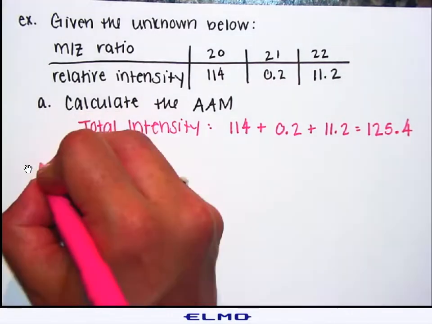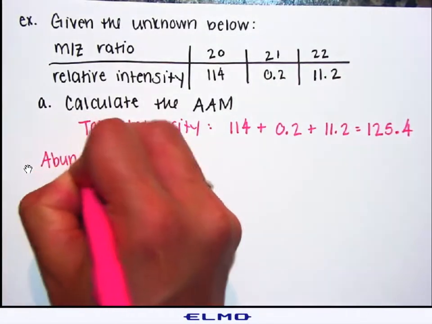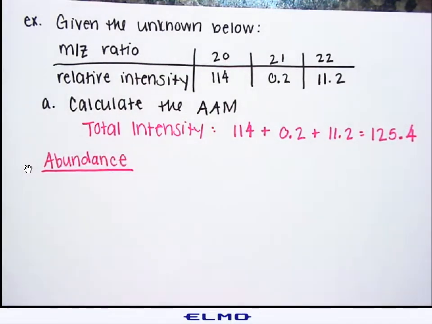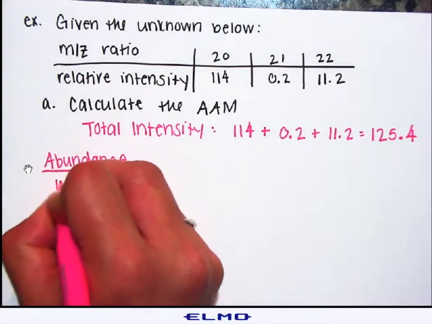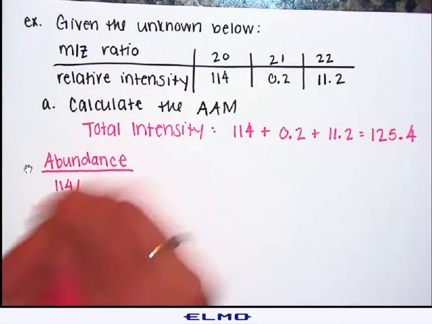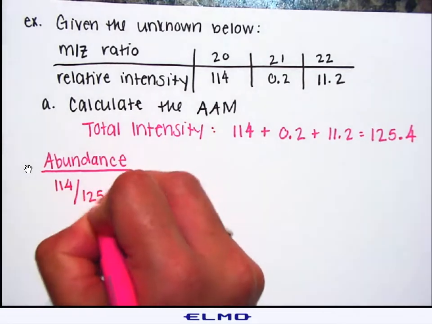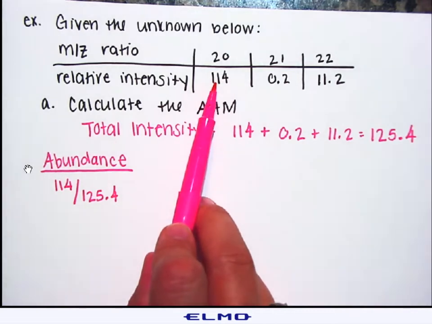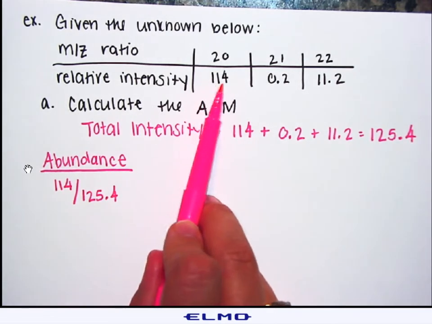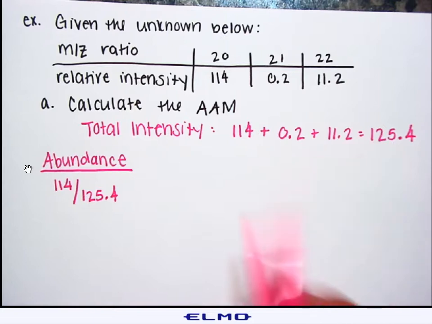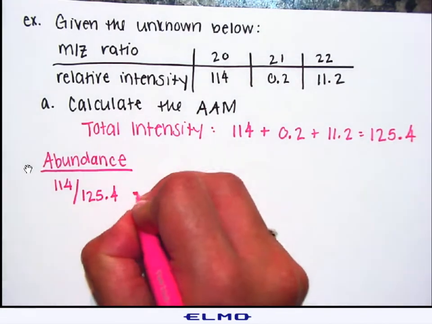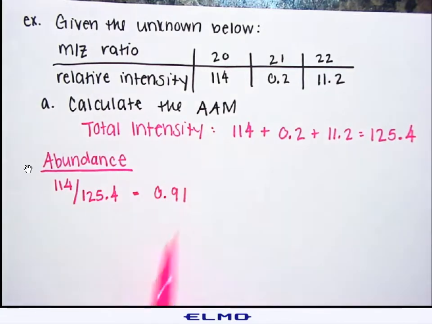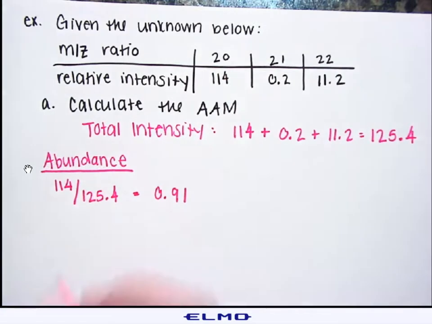Once we know the total intensities, we can calculate the abundance by doing part over whole. The first isotope has a relative intensity of 114 divided by a total intensity of 125.4. About 91% of the sample has a mass of 20.